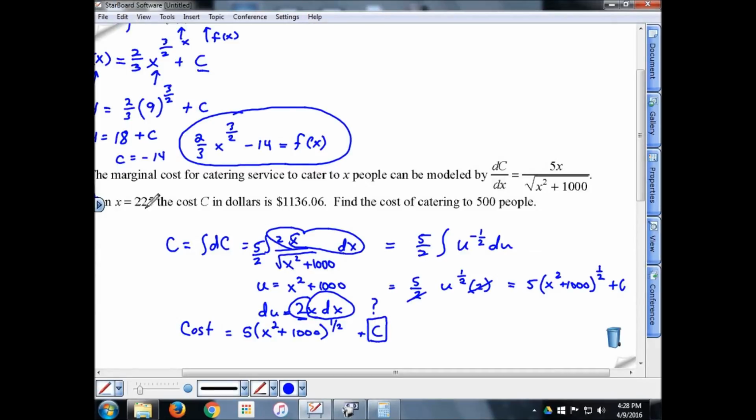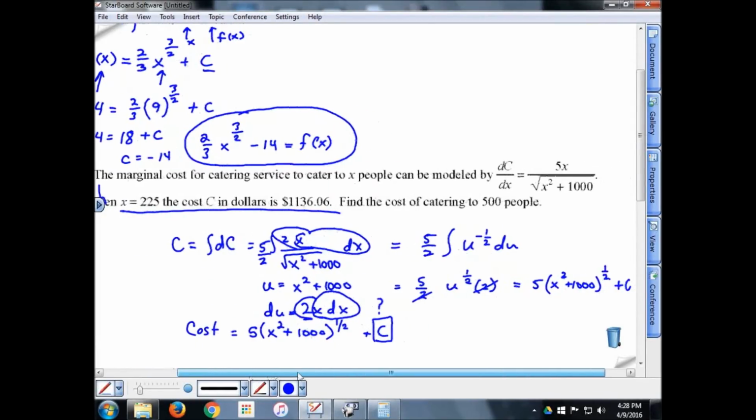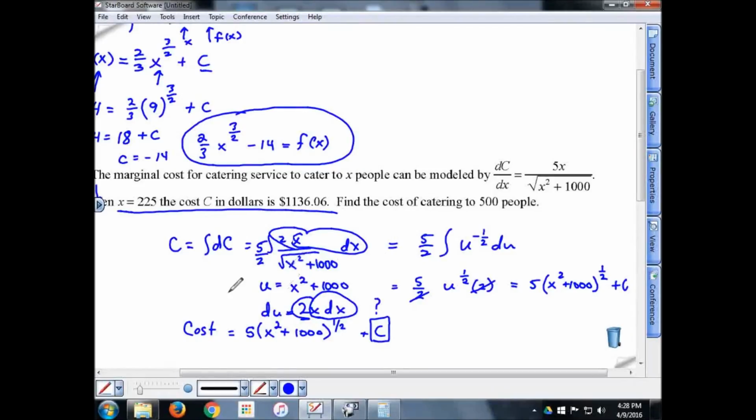So we have to use initial condition. It's like we just did here in question 13. So the cost is $1,136.06 when x equals 225.